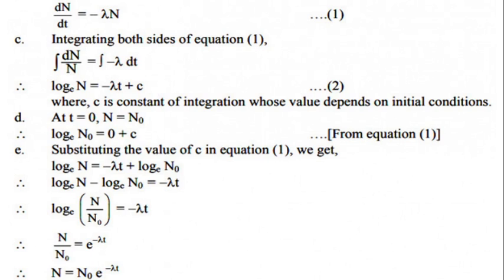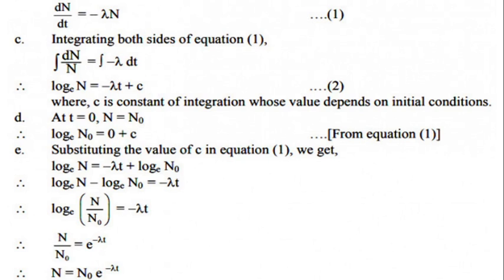So log N by N0 is equal to minus lambda t. Taking the exponential on left side and right side, we will get N by N0 is equal to e raised to minus lambda t, or N is equal to N0 e raised to minus lambda t.